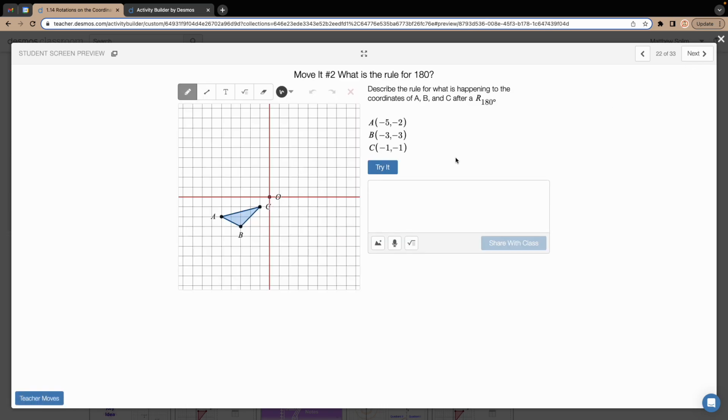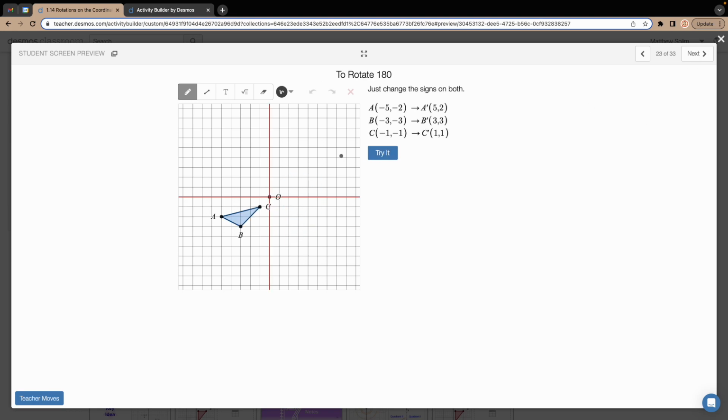So give it a try. Oh, there is 180. So what happens with 180? On the next screen, I think I got these points. For 180, it's 1, 1. It's still 1, 1. 3, 3. 5, 2. The coordinates actually don't flip. And the reason is because if I go 90 degrees, I flip them.